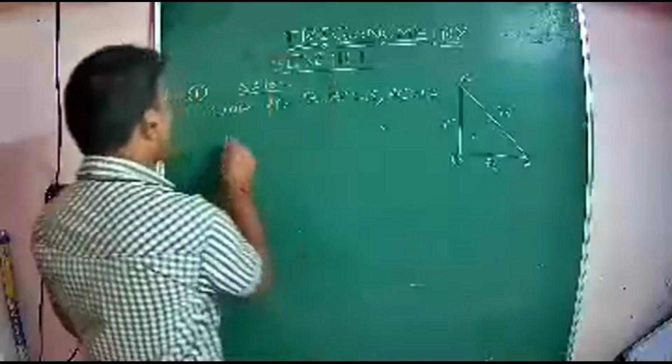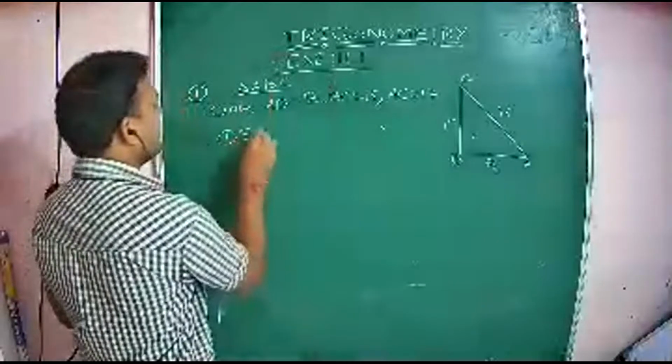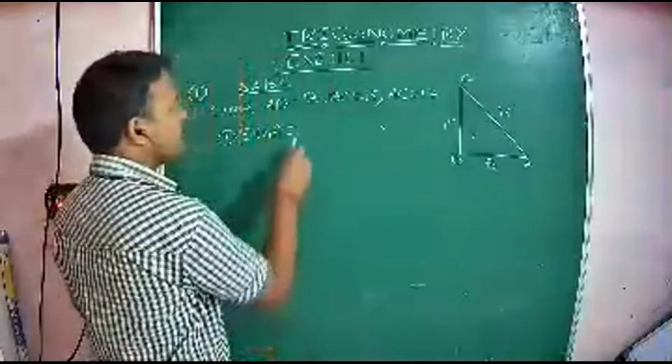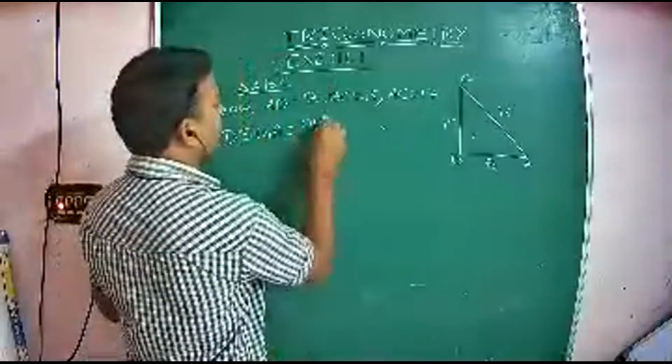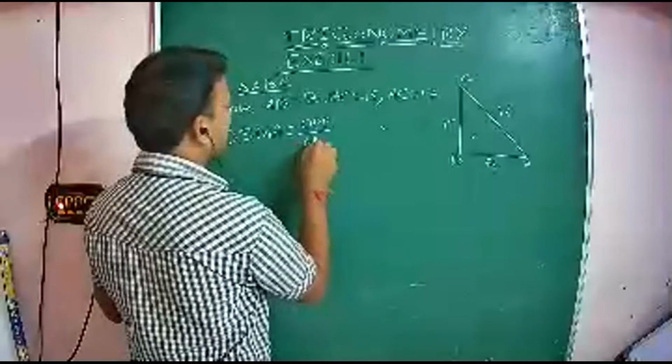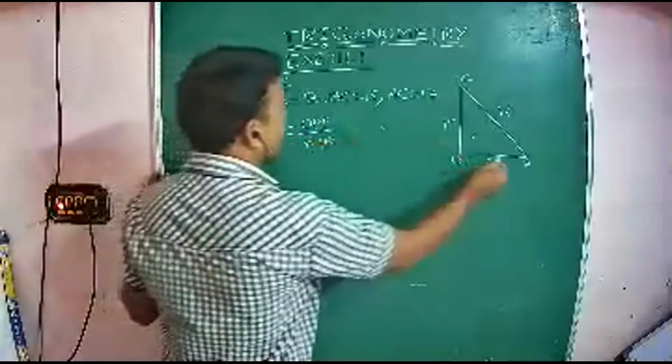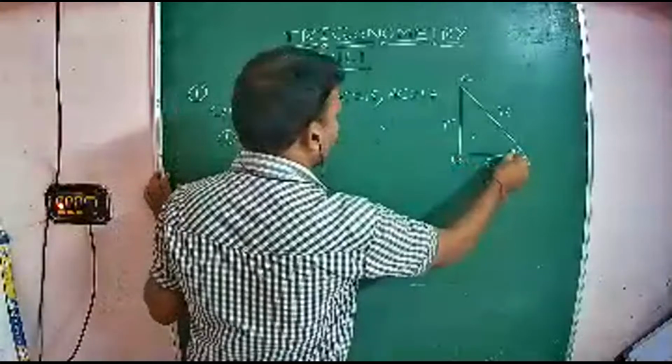Based on that, first of all they need to ask sin A. You know the formula: sin A is equal to opposite side by hypotenuse. This A means the acute angle theta.